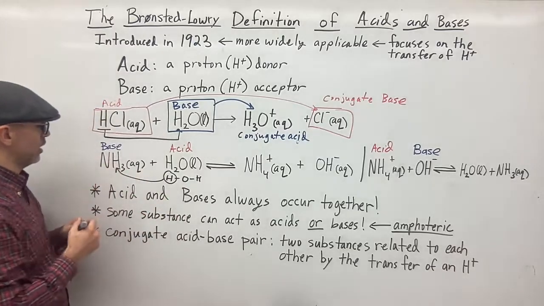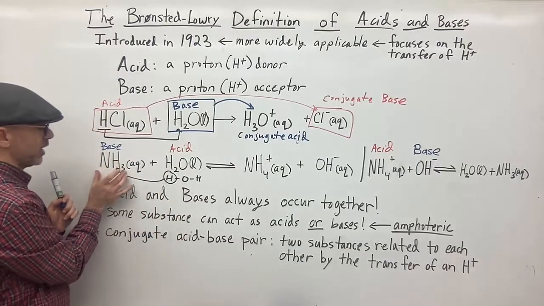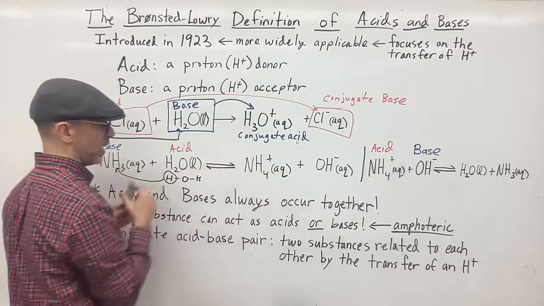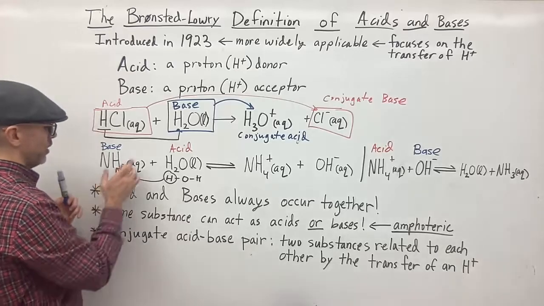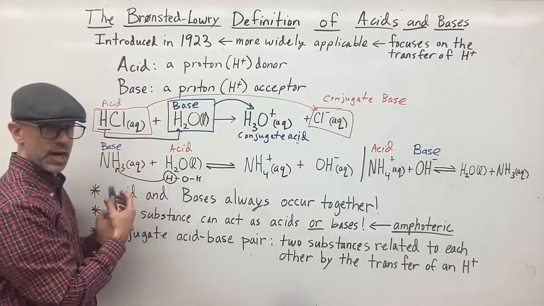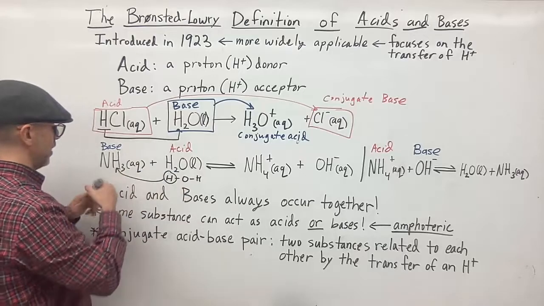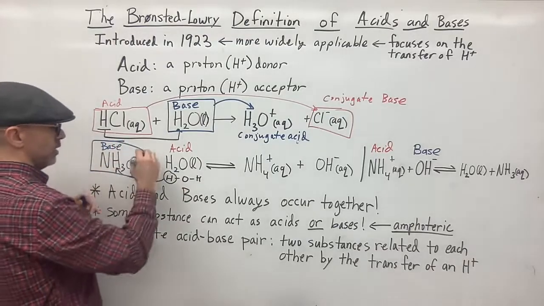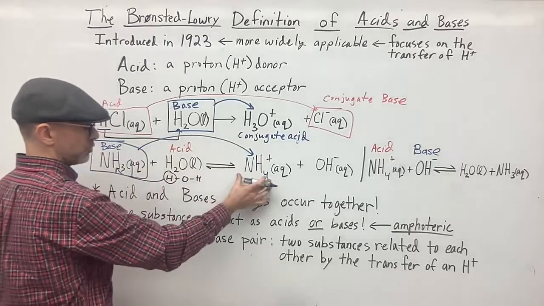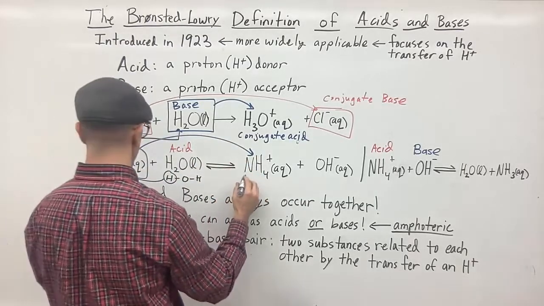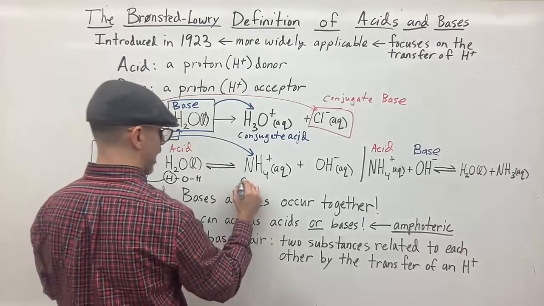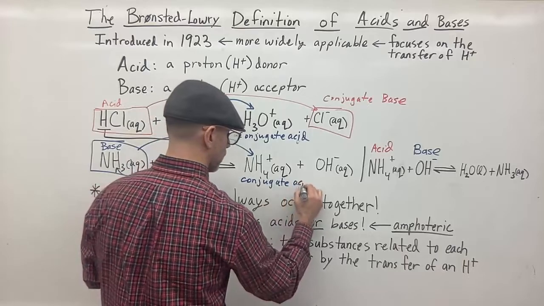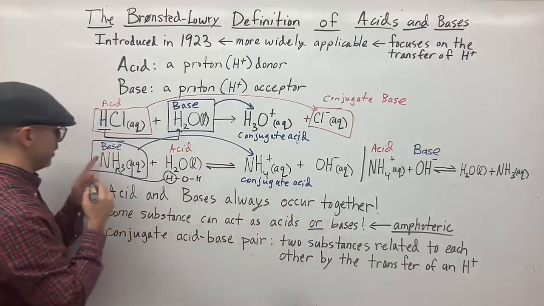Same thing down here. So NH3 and NH4 plus are related to each other by the transfer of a proton. So if NH3 picks up the proton from somewhere like water, then this will form the NH4 plus. So then this is the conjugate acid of this base.